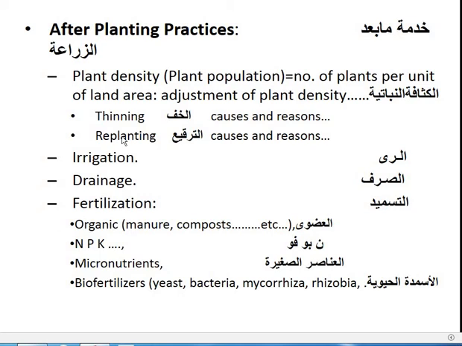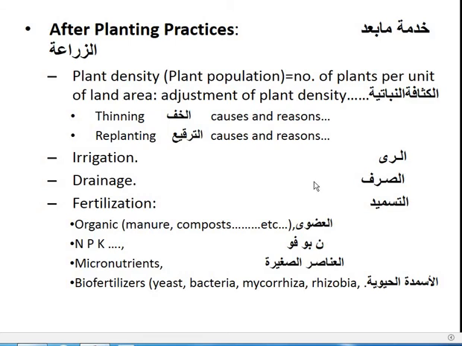The other process is replanting. We do replanting if we don't get proper germination. If the seeds do not germinate, we put another seed to get the plant density.